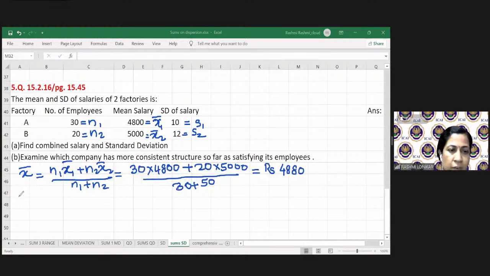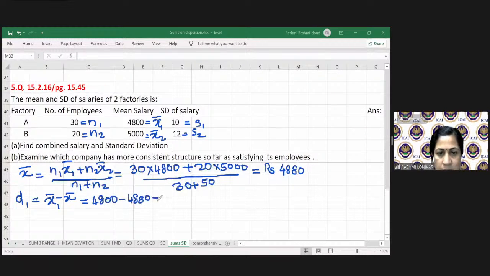Then I have to find the standard deviation. Then I must find D1. So D1 is X1 bar minus X bar, which is 4800 minus 4880. Answer is minus 80. Now, how much is D2?